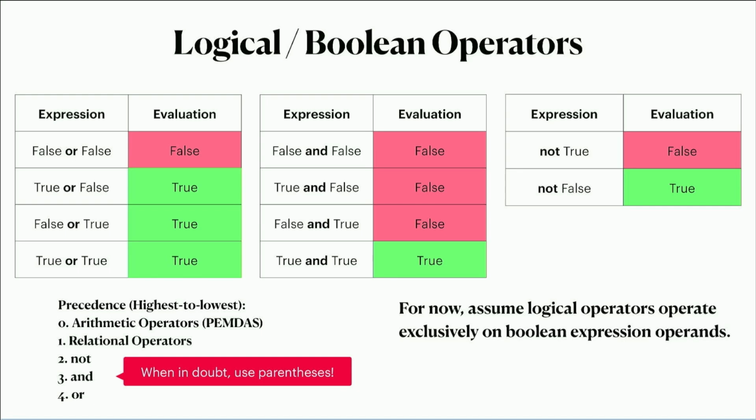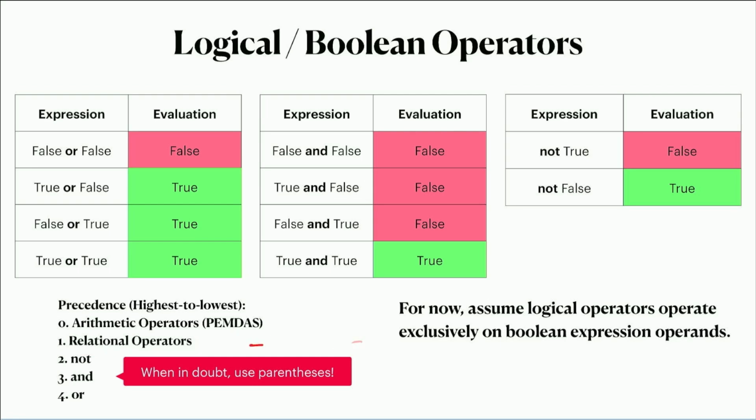I need to mention that in terms of precedence, when we think about what happens and gets evaluated first, well, first we have our arithmetic operators. Parentheses, exponents, multiplication, division, addition, subtraction. Then we have our relational operators. These are like greater than or equal to, less than, equal to, and so on.